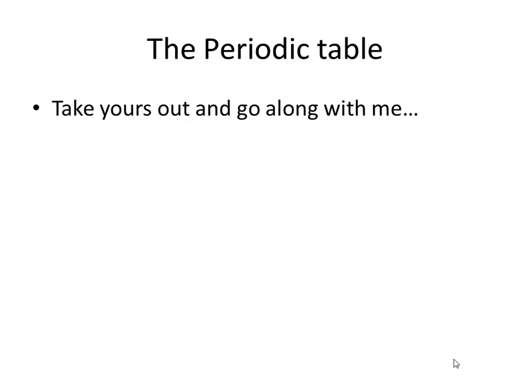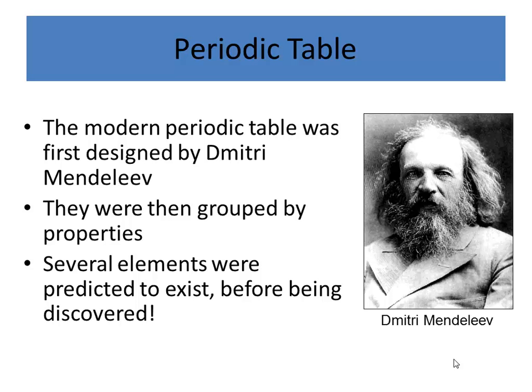So the first periodic table was defined by Mendeleev, and as we did in our activity today, we grouped them based on their properties. In fact, you don't have to write this down.